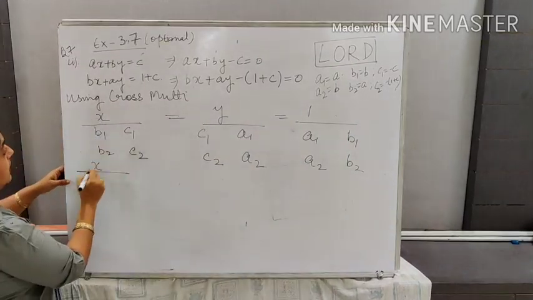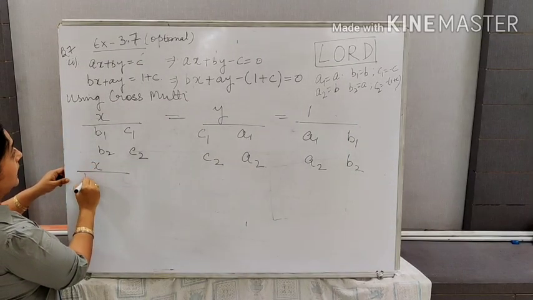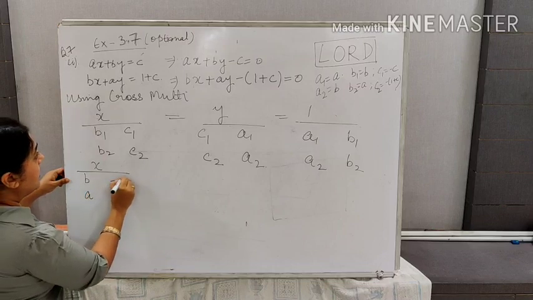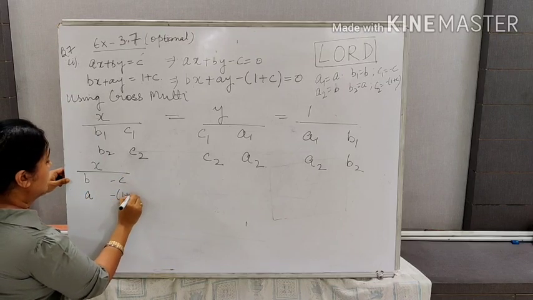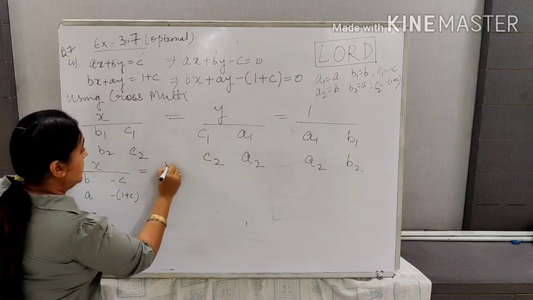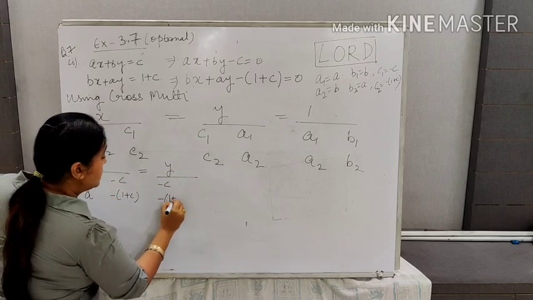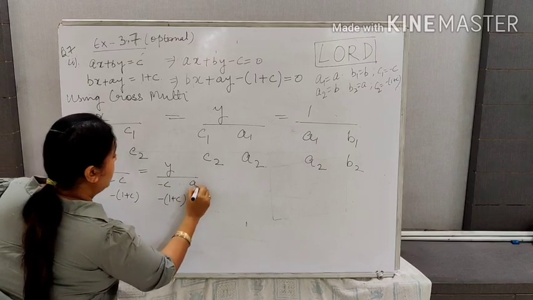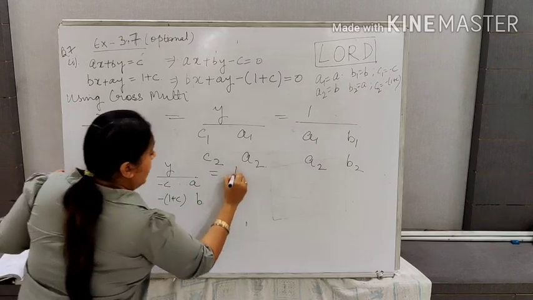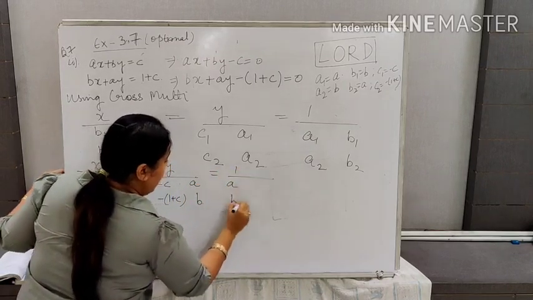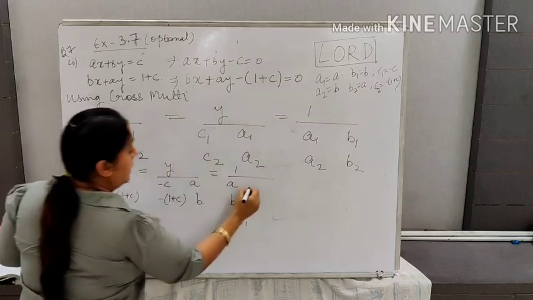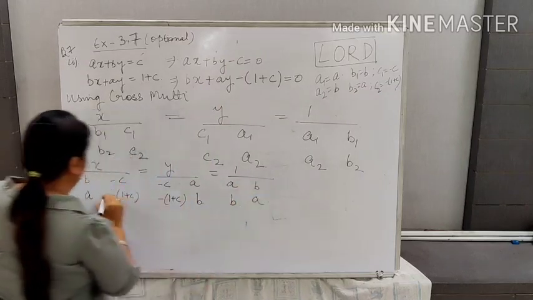What is B1? B1 is B. It will be BA minus C minus (1 plus C), is equal to y upon minus C minus of (1 plus C), and here you will write AB. 1 upon, here obviously AB you will write, and there it will be BA.